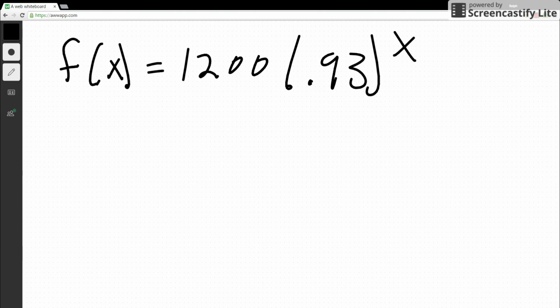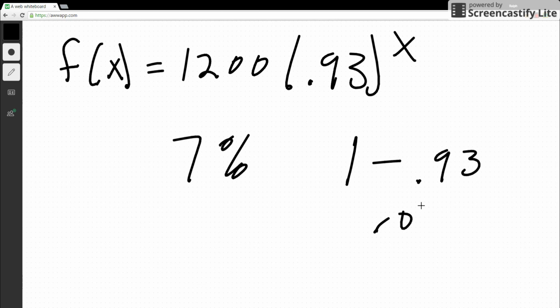What is the percent rate of decay? It's decreasing, so the decay rate is 7% because we're subtracting that from the 1. So 1 minus 0.93 is going to come out to 0.07, and that's where we get our 7%. That was number 7.